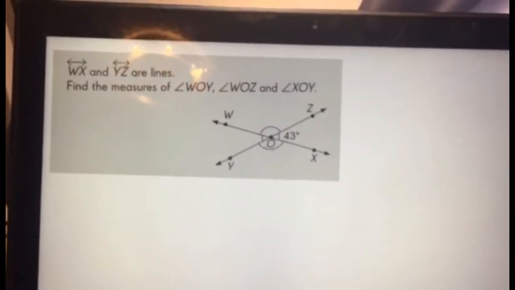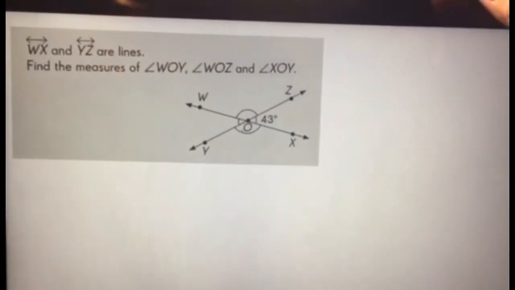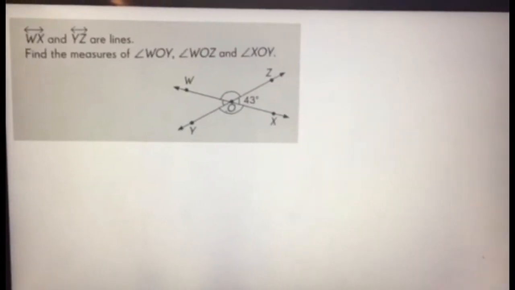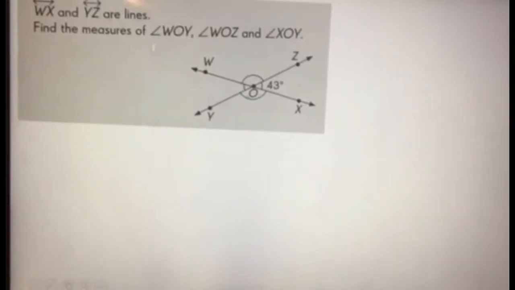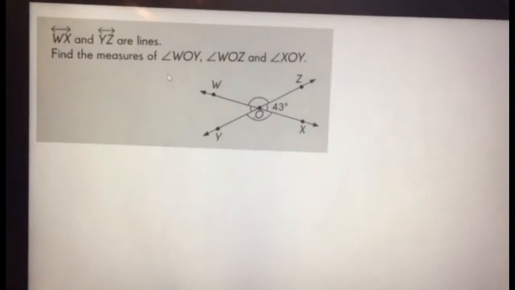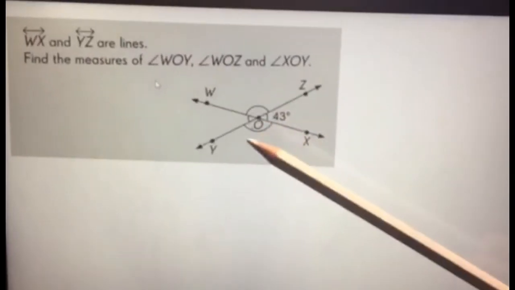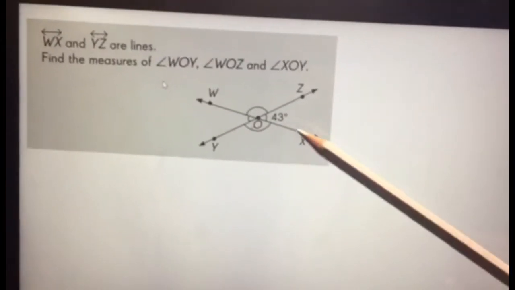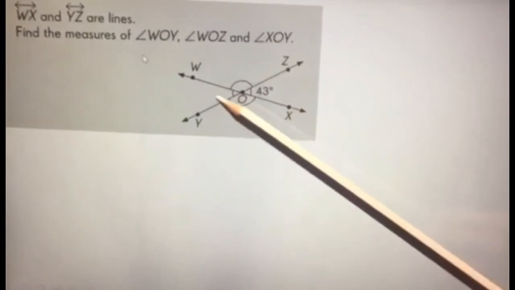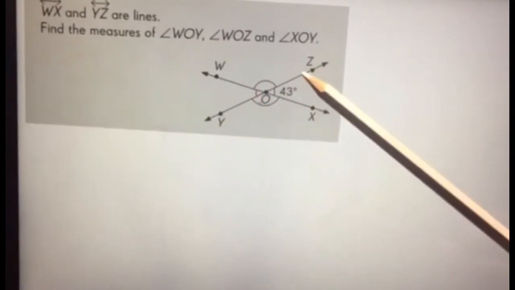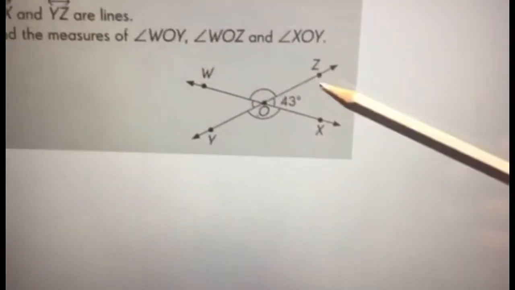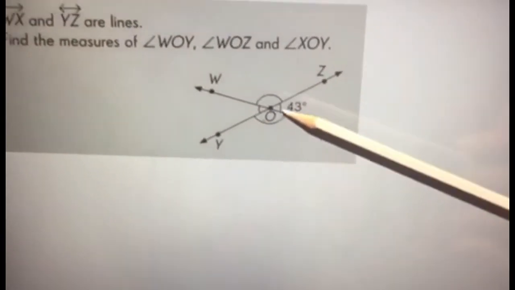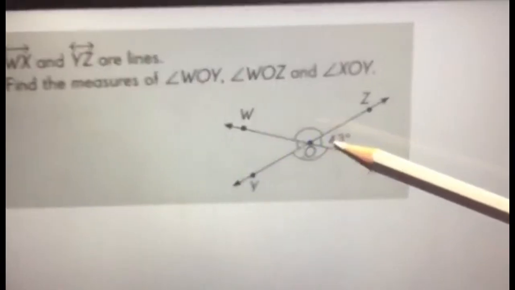Having learned the property of vertical angles, now we can use it to solve some problems. Like this one, this is a basic easy one. This one says XW and YZ are lines, and the angle ZOX is 43 degrees.